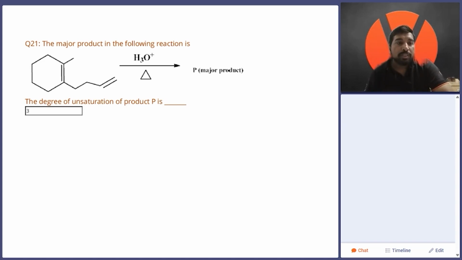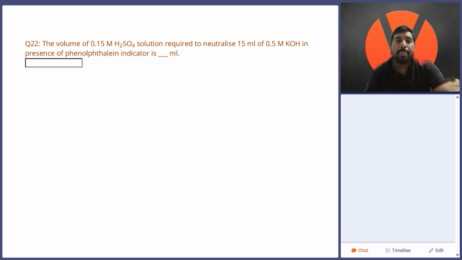Now come to question number 22. Volume of 0.15 M H2SO4 solution required to neutralize 15 ml of 0.5 M KOH in the presence of phenolphthalein indicator. As you know, this is an acid-base reaction, acid plus base.